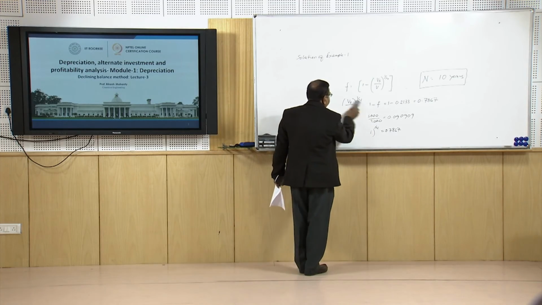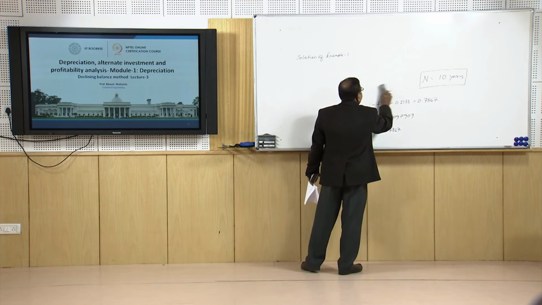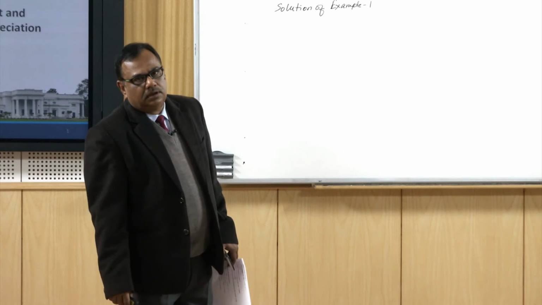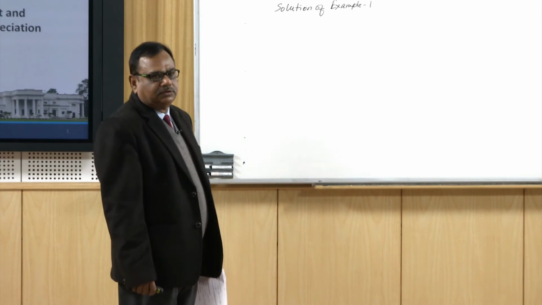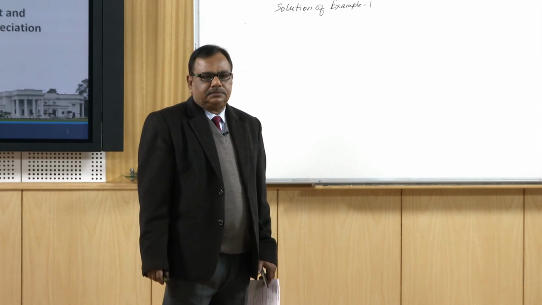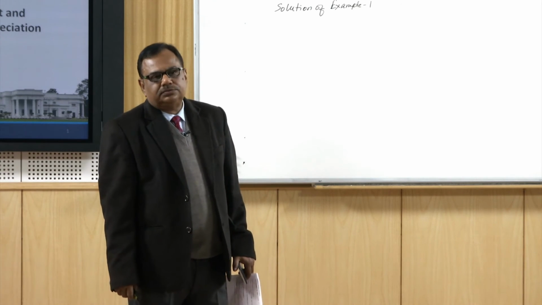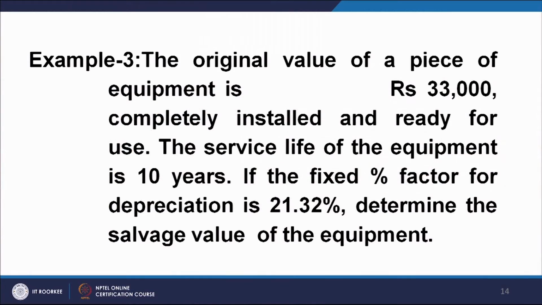Let us move to example number 3. Again the same numerical is used, but with a twist. The original value of a piece of equipment is rupees 33,000, completely installed and ready for use. The service life of the equipment is 10 years.